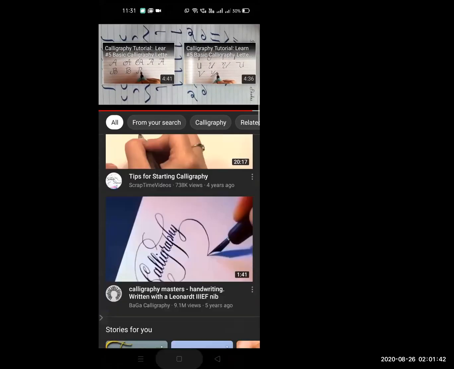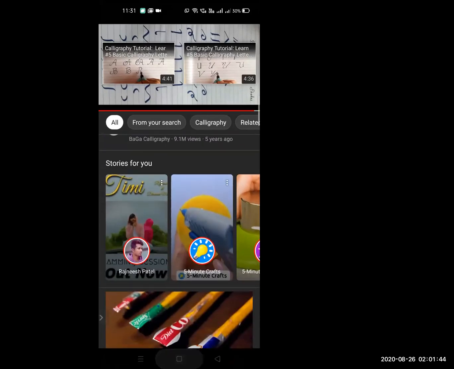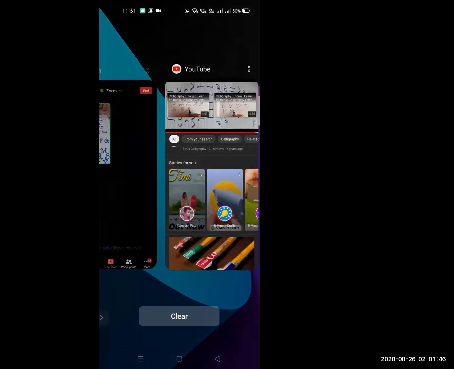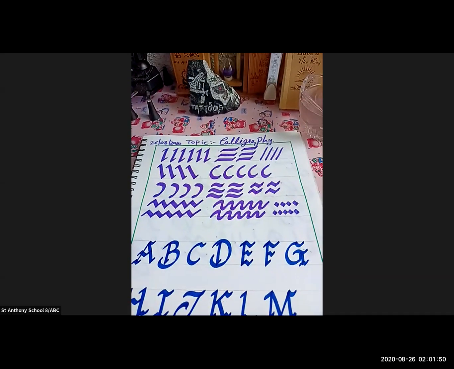So I hope students have understood how to do this. I hope each and everyone has understood how to do the calligraphy. Has any student done in this class? Any of the students have done in the class calligraphy now?